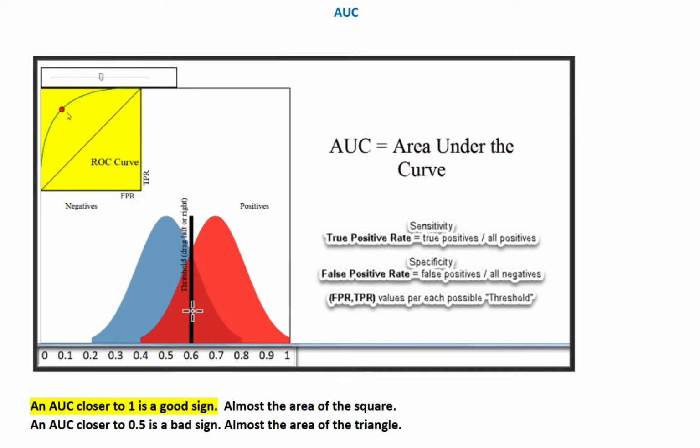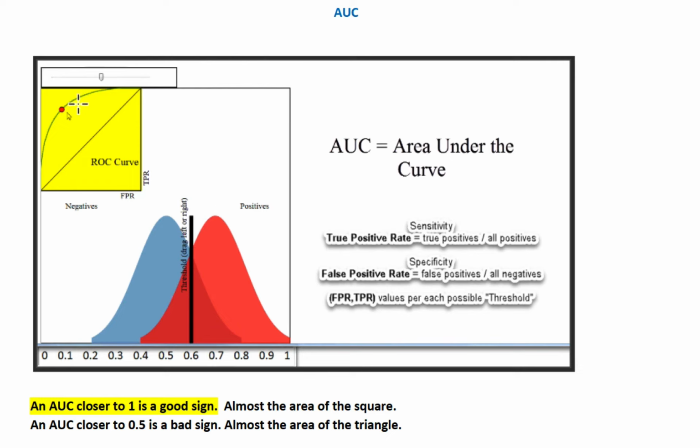This is the threshold, and you move it to the left and to the right. All the potential values of the threshold are going to change the values of these false positive rates and true positive rates. Each one of those points, changing according to the threshold, is plotted here, and we get this curve that is called the ROC curve.